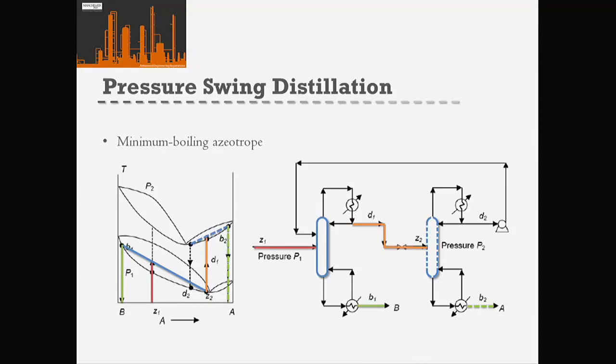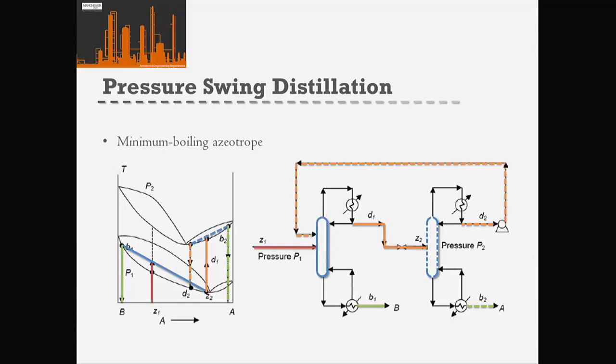And instead of just wasting that azeotrope, all the material that's in there, we can recycle that back round to our first column, and put it back in higher up, where the composition on a particular stage inside our column is quite similar to the composition of the material that we're returning.